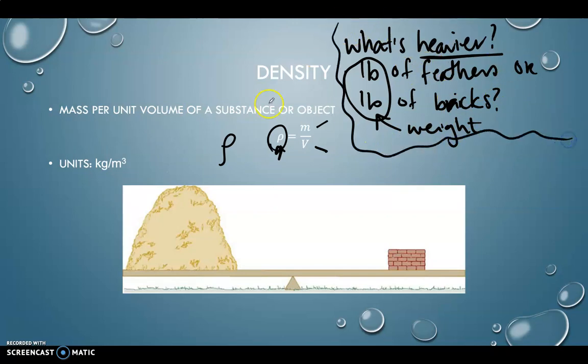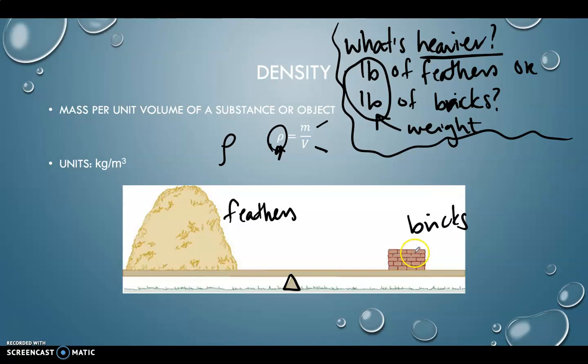So that's a little sidetrack, but this is what we're saying. The density of two different things may be very different. Like we were looking at a week or so ago with a pivot here, trying to do this balancing act. In order for them to be balanced, we're going to need a lot more feathers than bricks here.